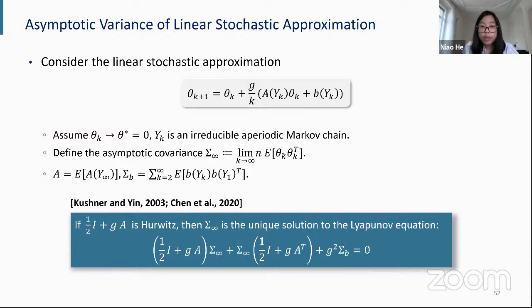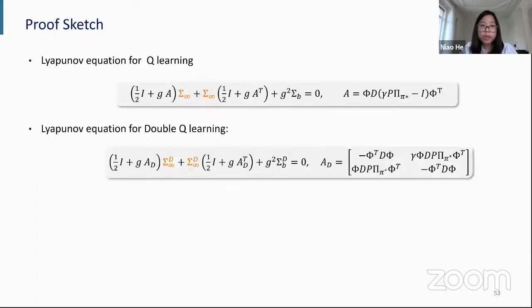We can use this result to establish the asymptotic covariance of both Q-learning and the double Q-learning algorithm by writing down the corresponding Lyapunov equations. If you write it down here, you will see the only difference is that the matrix A in the steady state is different, right?